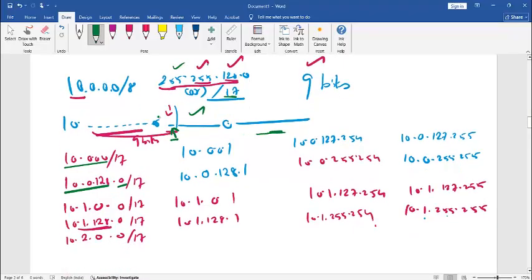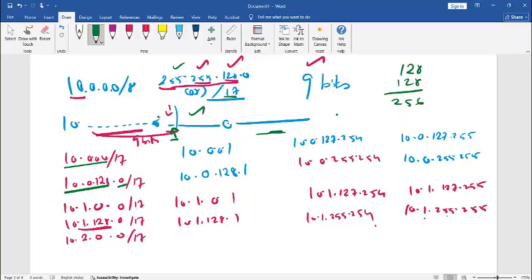Next. Listen carefully. This is the main important place I am coming to now. If I add 128 to this, increment value is 128. You also said that, correct? If I add 128 with 128, I get 256. Now, where is 256?